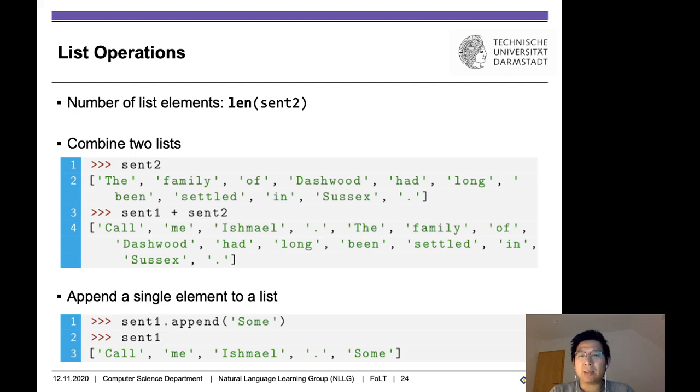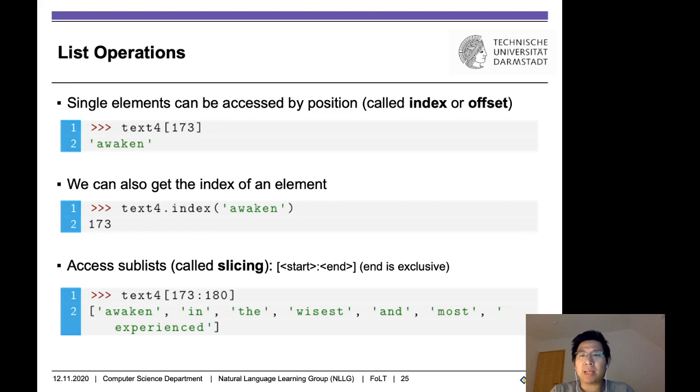Also, we can add a particular word to the end of the list, and also we can access a particular word by its position, and also we can do the other way around to get the index of a particular word, and also we can access a sublist by specifying a range of the index.